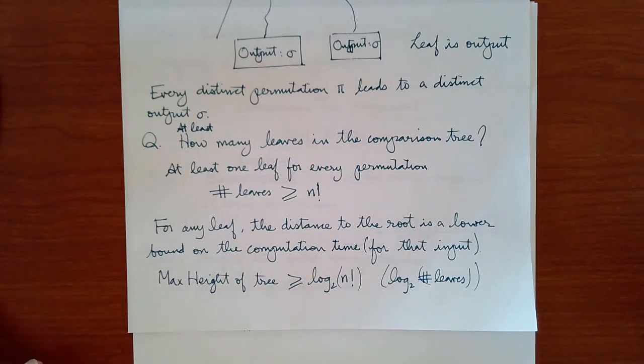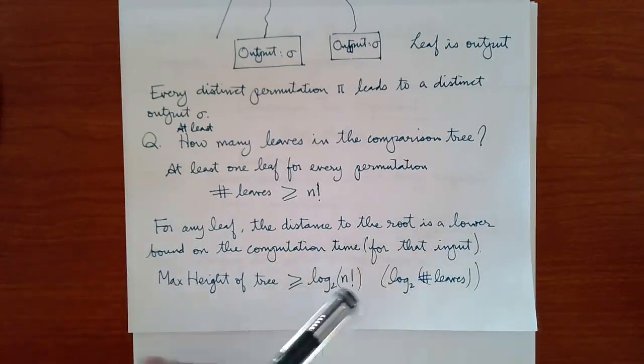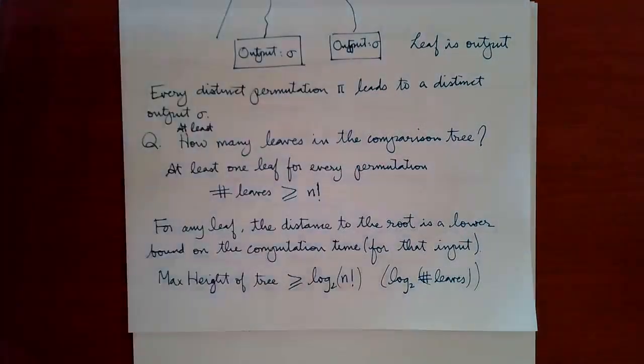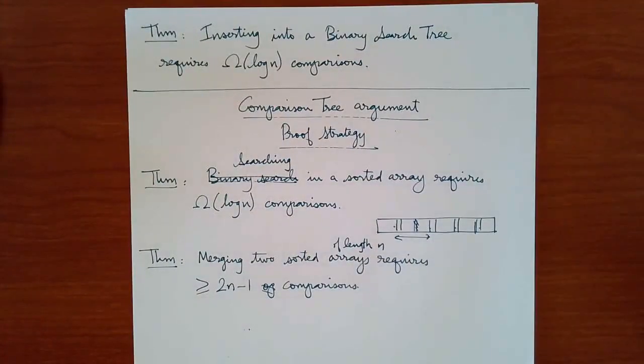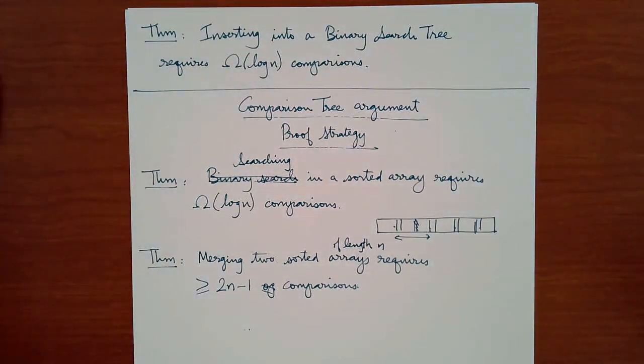Where you get the 2n-1 comparisons, it basically requires Stirling approximation on a different quantity. But again, you can prove a bound of that form. So this is a comparison tree argument. And I just wanted to show you the many different theorems that you can prove using these arguments.